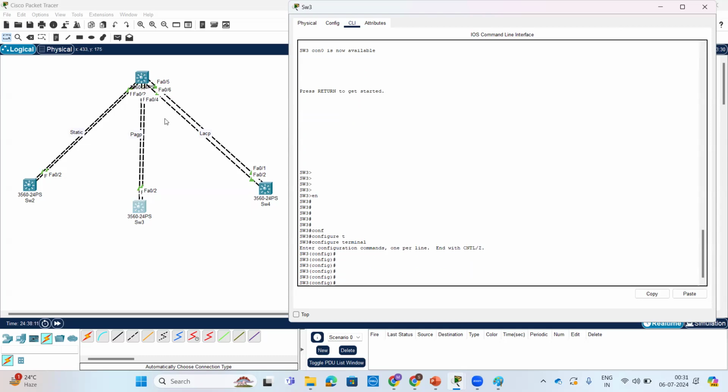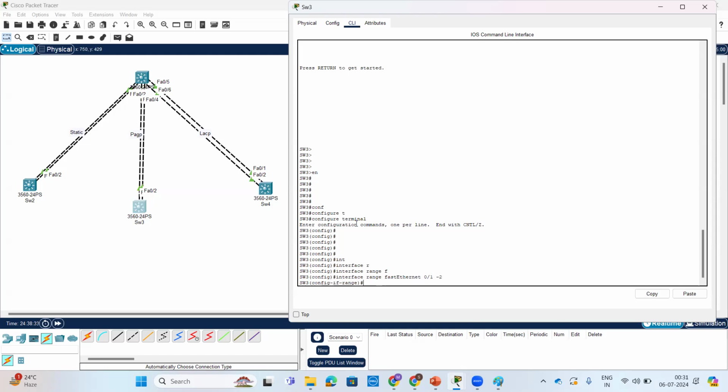If you have multiple interfaces, select the interface range, FastEthernet 0/1 to 2. I'm selecting 2 interfaces here. If you have 4 interfaces, select 4, or 5 interfaces, select 5. Whichever number of interfaces physically there, that many you select.